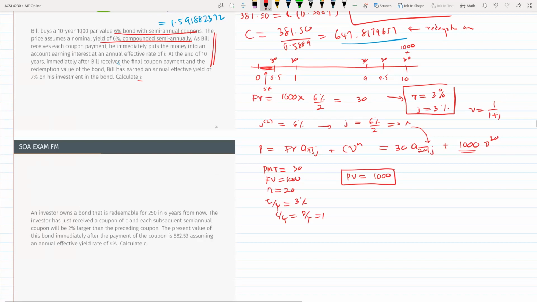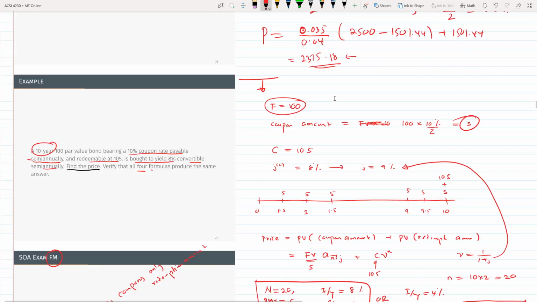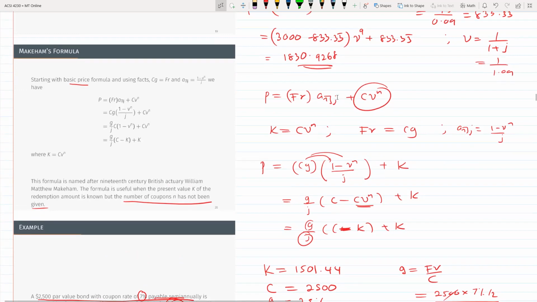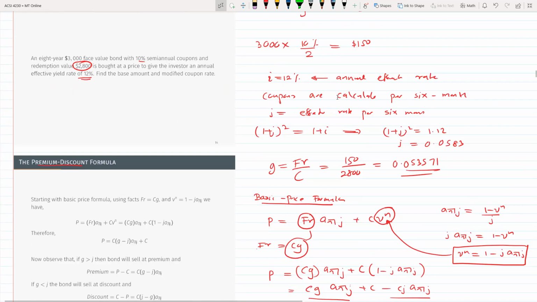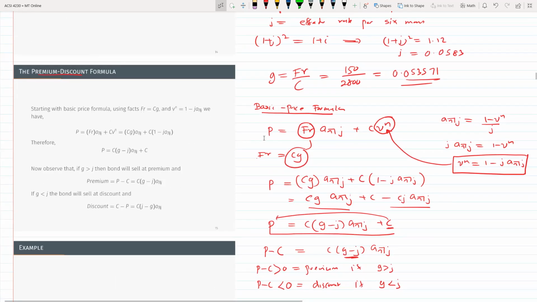Remember, we had a formula earlier, the formula to calculate the amount of discount and amount of premium. In here, if you have J and G both the same, then price would be C, because then the discount term would go to 0.